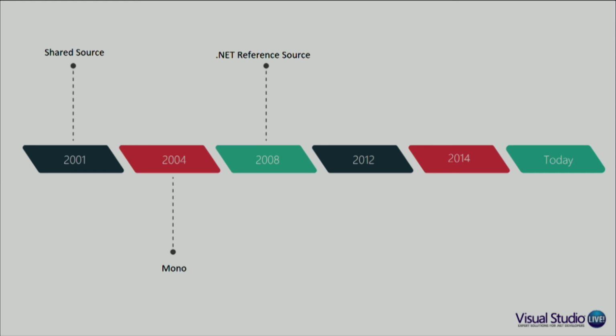If you go to sourceof.net on the web, it'll route you around and you'll get to referencesource.microsoft.com, and you can see the source code for all of the base class library for .NET 4.5, .NET 4.6, and 4.6.1. Really cool. You can get the source code to ASP.NET Web Forms if you want to see it. So that's available for you, but it's a view-only mechanism, and that's not really the spirit of open source.